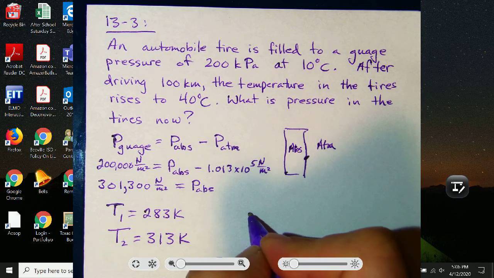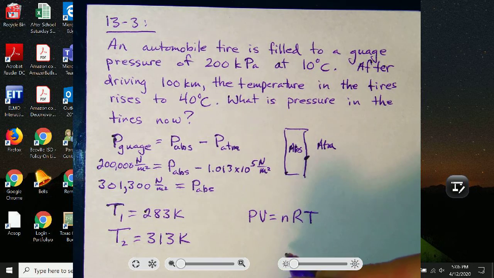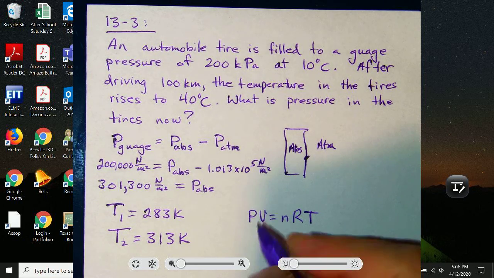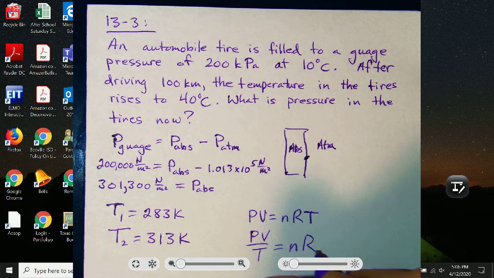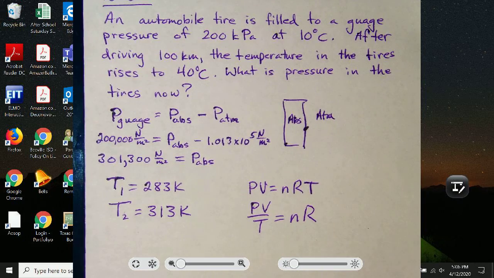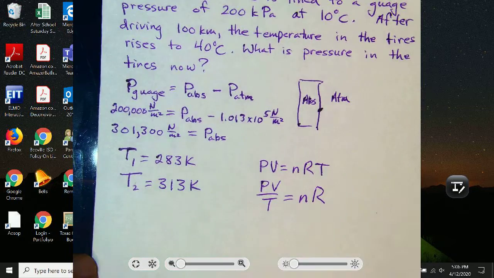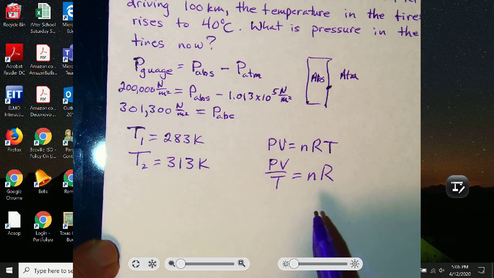Okay, if we look at our ideal gas equation, PV equals nRT, we're dealing with pressure, volume, and temperature. So let's get all the things that change on one side of this equation: PV over T equals nR. This is just going to be a constant. N times R is going to be a constant. We're not changing the amount of air in the tire, and R is just a constant.